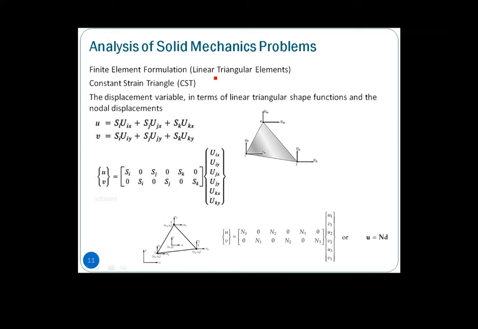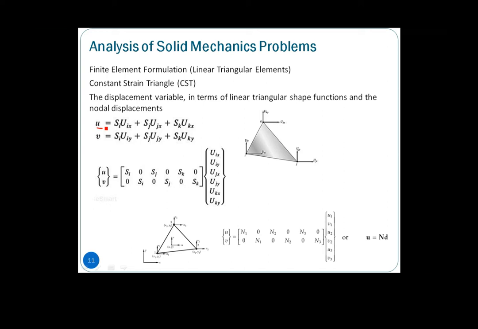So, recapping what we have discussed for these two-dimensional elements. We have the displacement variable itself, in two dimensions. This element has 3 nodes, so we have displacement components in two directions, x and y. Here we represent the x direction by u, in terms of its shape functions: Si Ui, Sj Uj, Sk Uk.